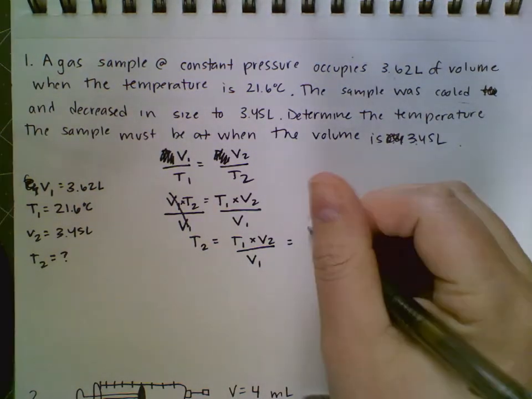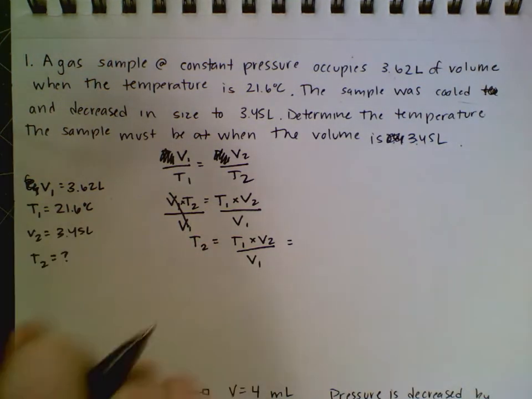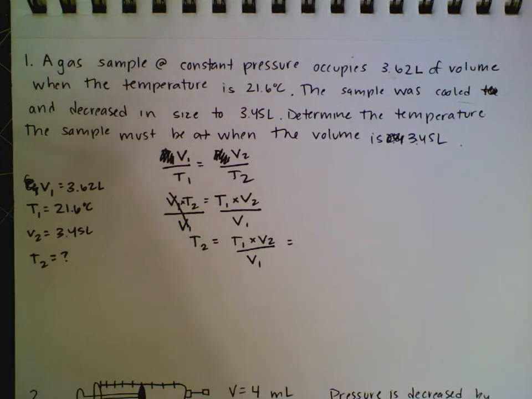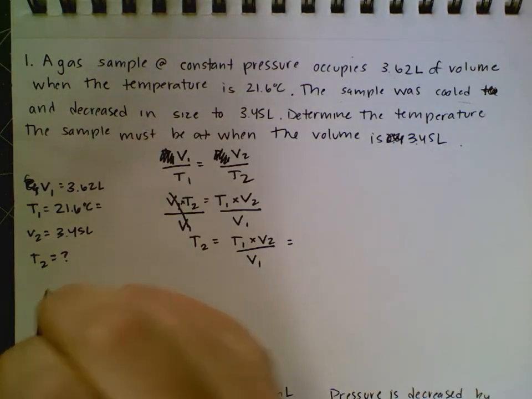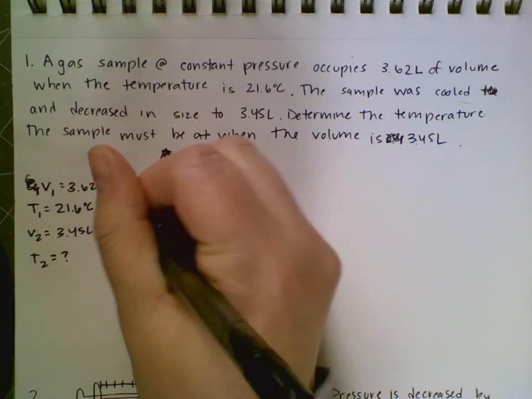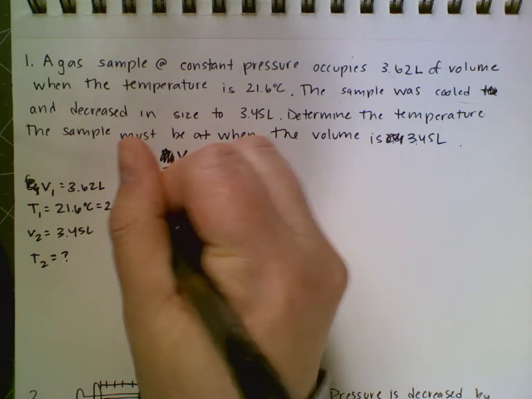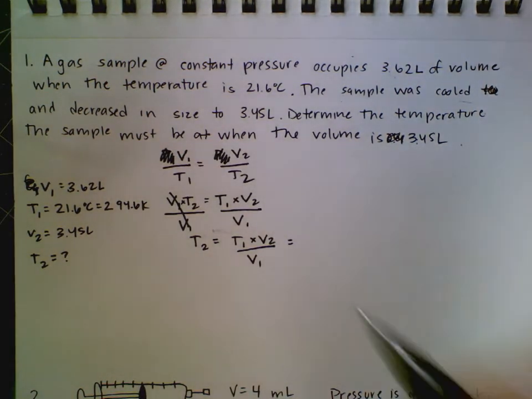So T1 is 21.6 degrees Celsius. Now, we've got a problem here. We have to turn all of these temperatures to Kelvin to make them work with the gas laws. So for 21.6 degrees, in Kelvin I'm going to add 273, and it becomes 294.6 Kelvin. You've got to have it in Kelvin, otherwise this does not work.